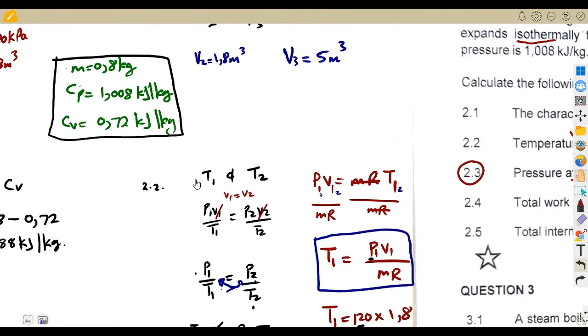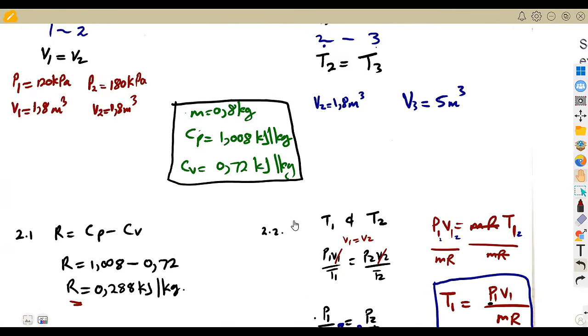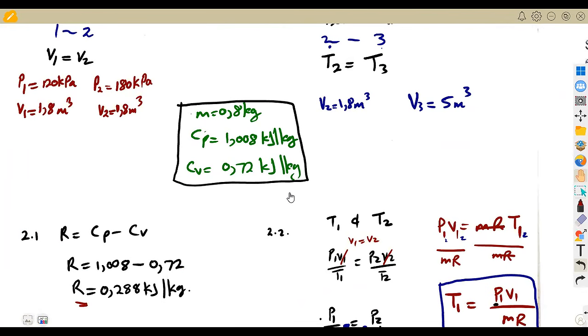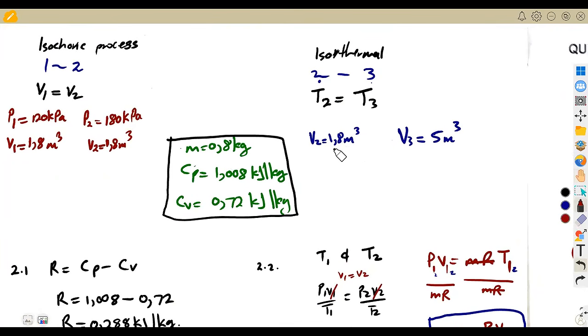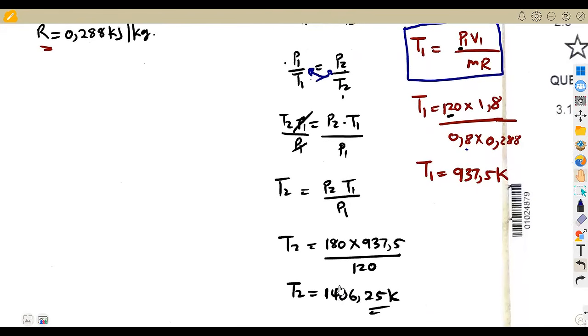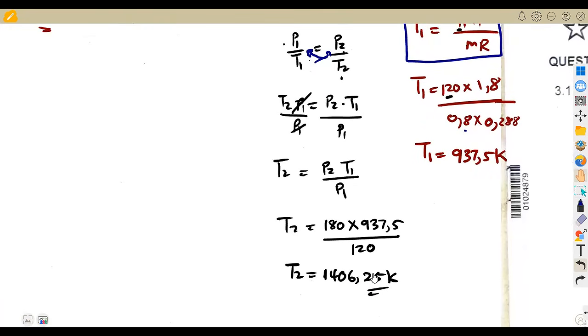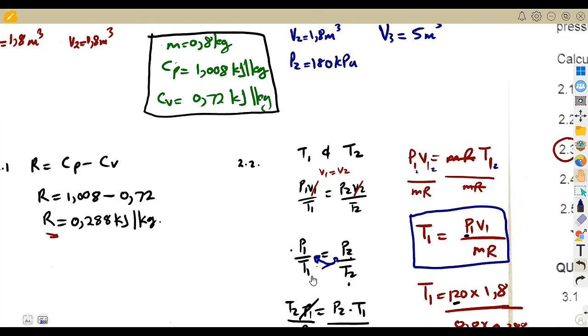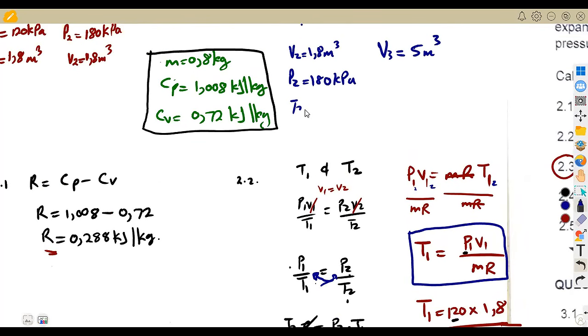All right, so what is it that we have? Remember, we have P2, which is 180 kilopascal. We are starting with P2 here because this is the second stage. Also, we calculated T2, which is 1406.25 Kelvin.